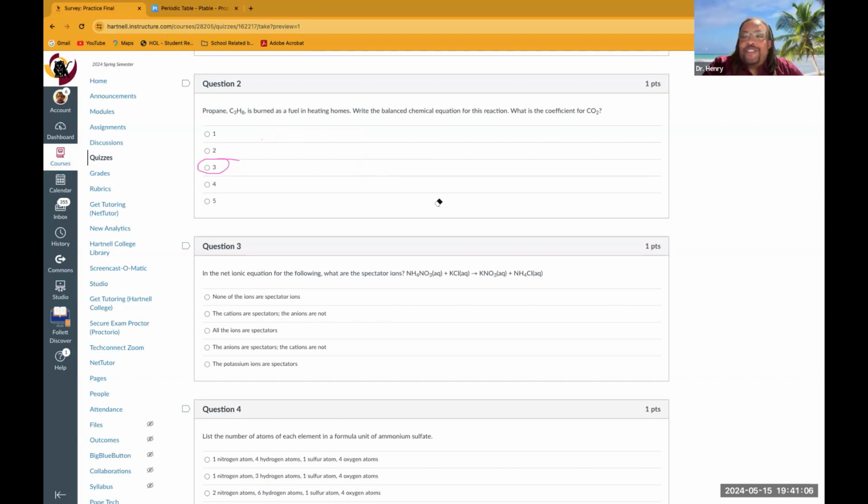Okay? So number 3, it says, in the net ionic equation for the following, what are the spectators? The equation is ammonium nitrate aqueous plus calcium chloride aqueous.